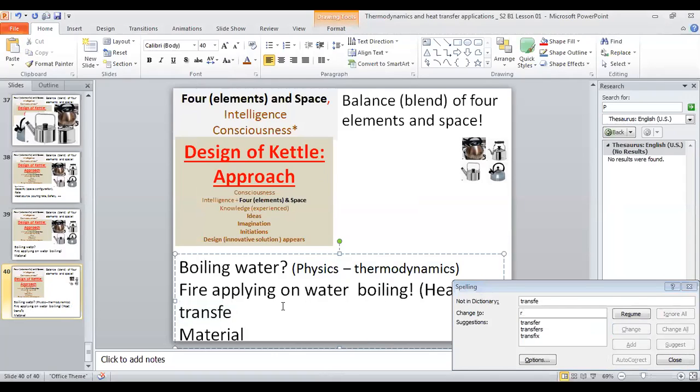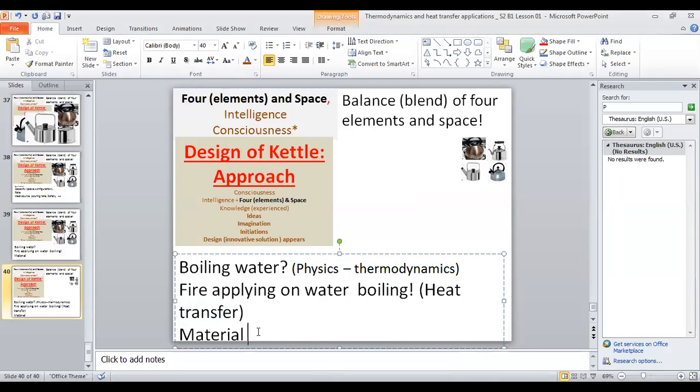Okay, materials, of course, we leave it aside. So when fire is applied on water through the material, that's why the water boils through the material. Anyway, this is related to thermal resistances, and again it's related to thermodynamics and heat transfer.